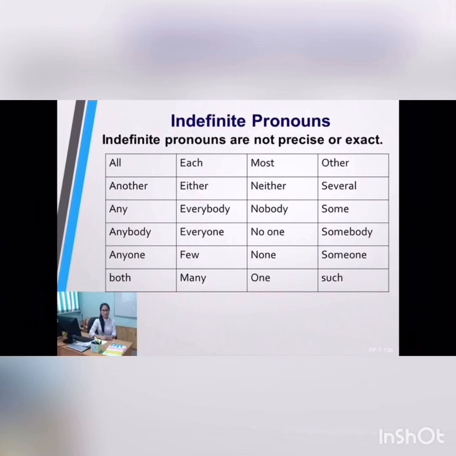All, another, any, anybody, anyone, both, each, either, everybody, everyone, few, many, most, neither, nobody, no one, none, one, other, several, some, somebody, someone, and such.